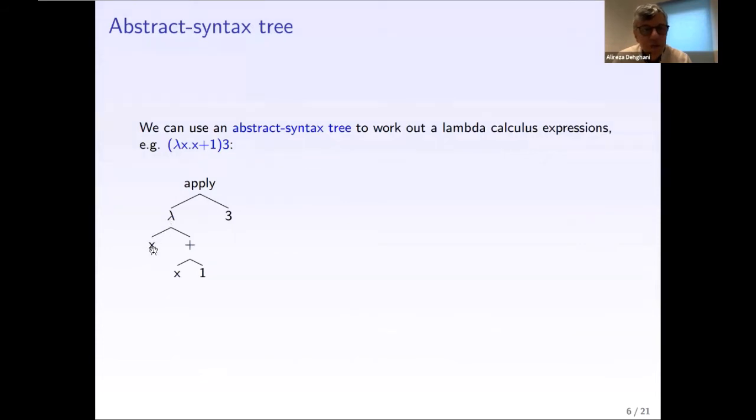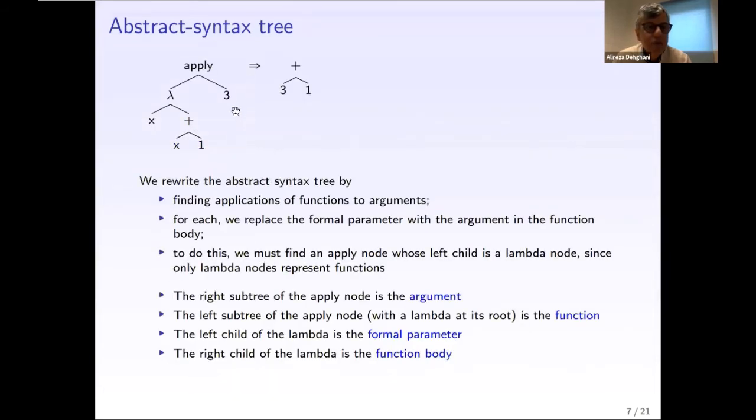For the lambda, you have the input and the summation, and the summation has x and y. Then if you apply 3 here, you jump to this. It is equivalent to 3 plus 1.